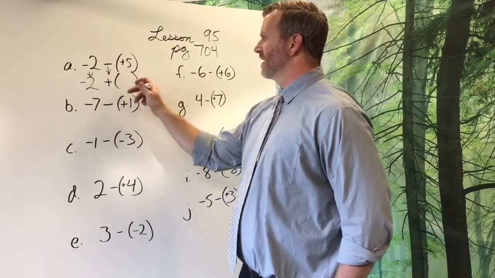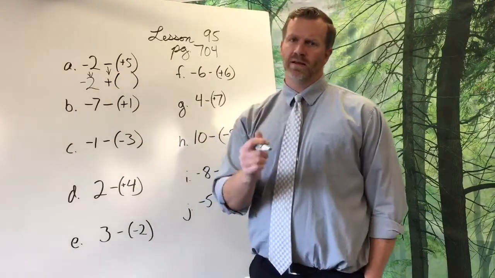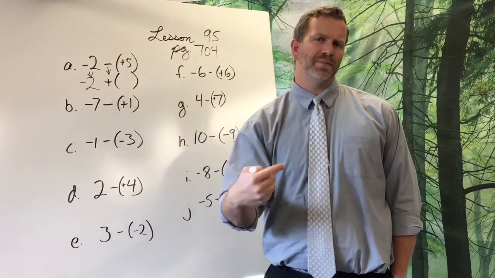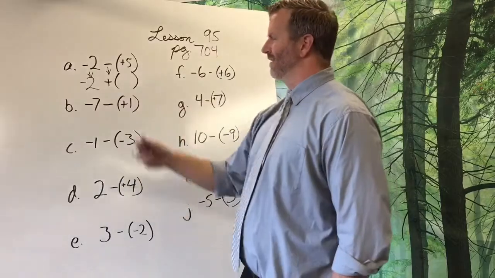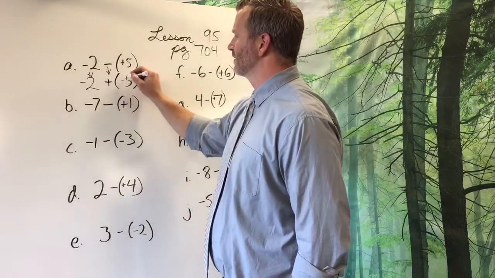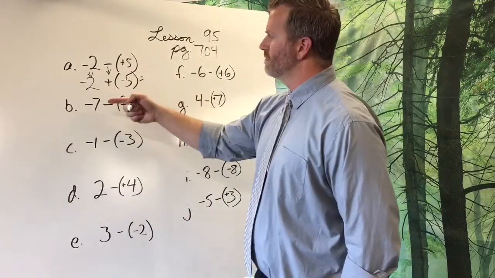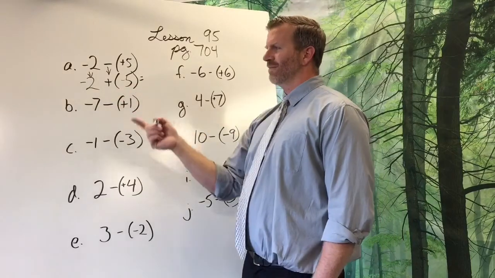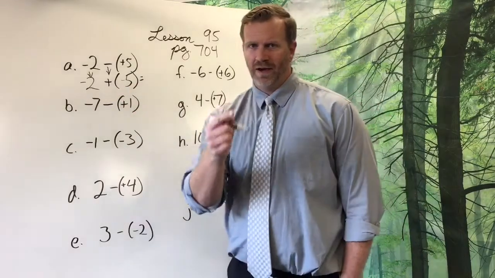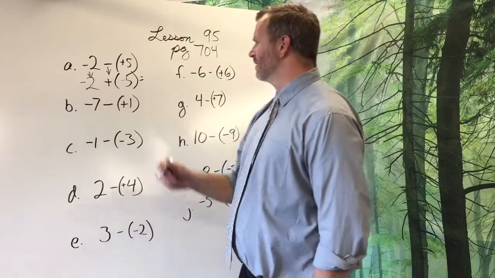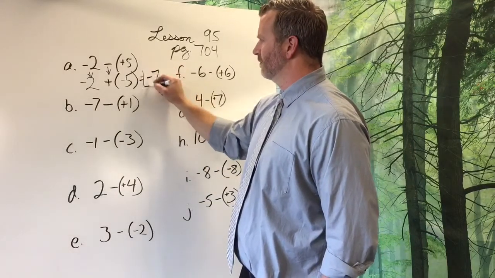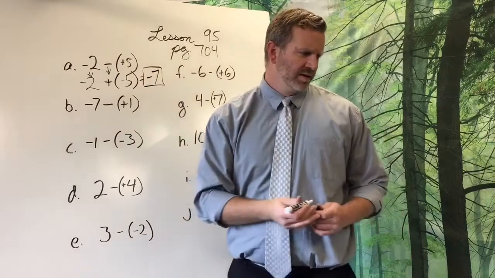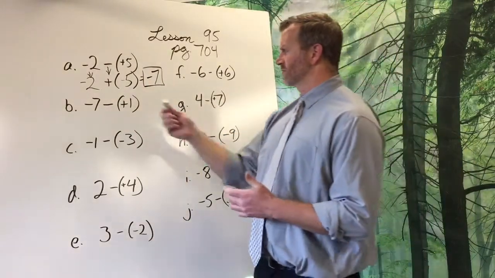And then remember, that changes the number behind it to whatever that number's opposite was. So the opposite of a +5 would be a -5. Nice. So, -2 plus -5, John, how much is that going to be, son? Tell me. -2 plus -5, boom, -7. Awesome.